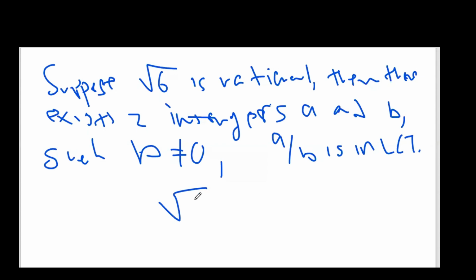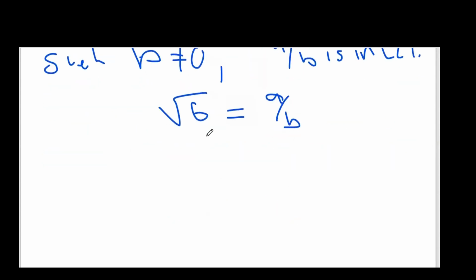So meaning we're going to equate this root of 6 to a over b like that. And then we are going to square both sides. So if you square this side, the root is going to go. You're just going to remember 6 is equal to a squared over b squared. That's what we're going to do mainly.